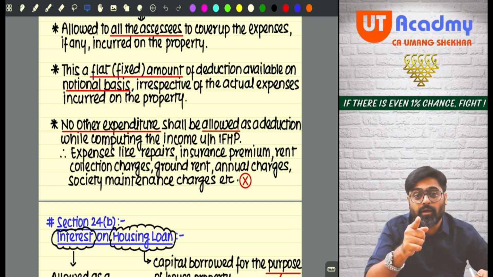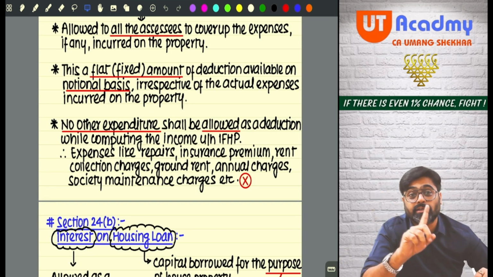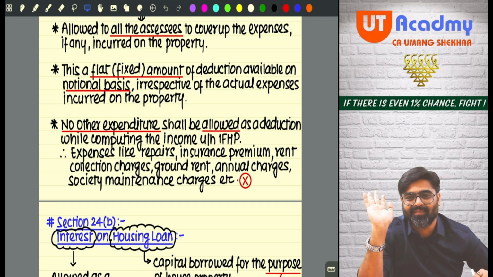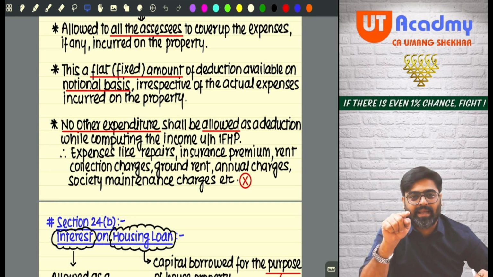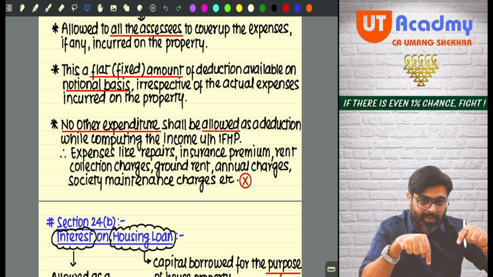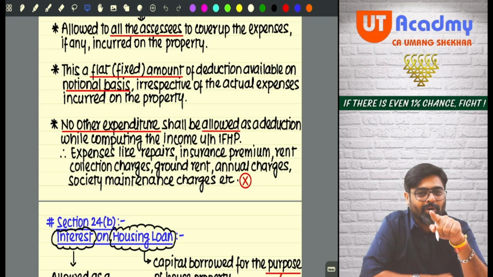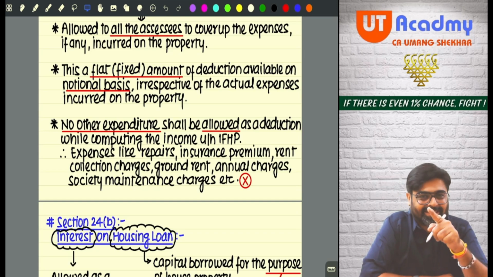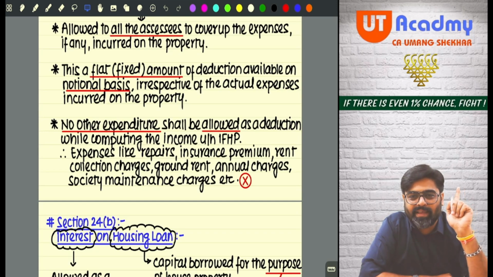Now comes the most important part, interest on housing loan. One mistake the students commit is while calculating GAV. That mistake we are not going to commit, because I have taught you. Now I am going to teach you interest also, so you are not going to commit any mistake in interest calculation either.